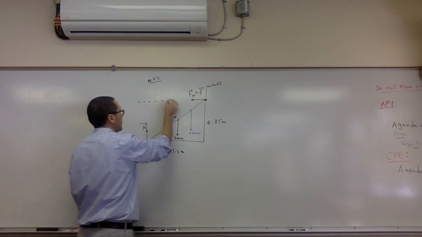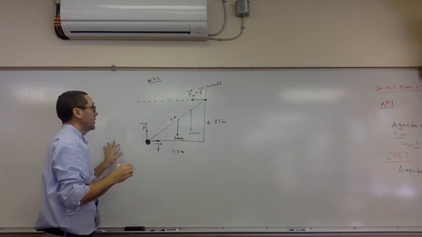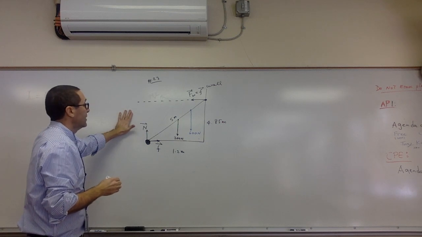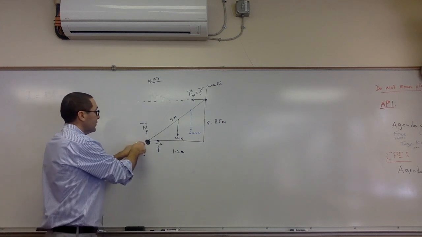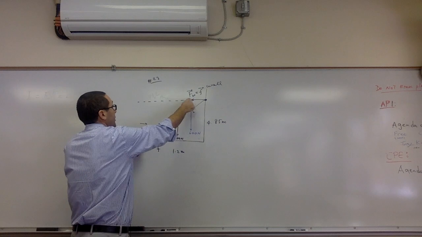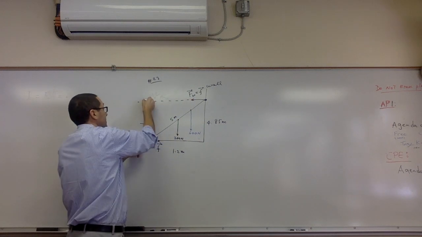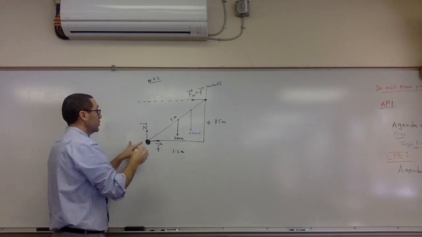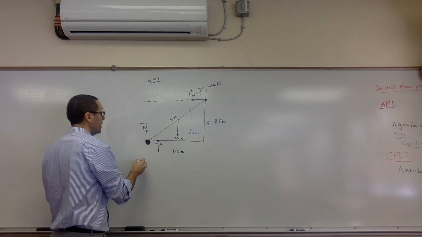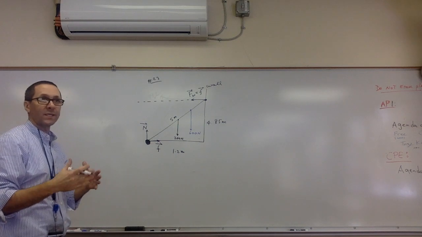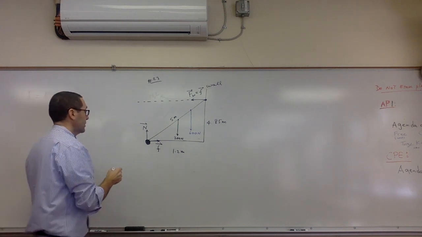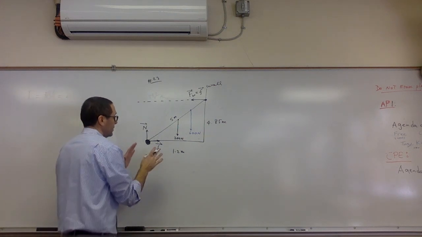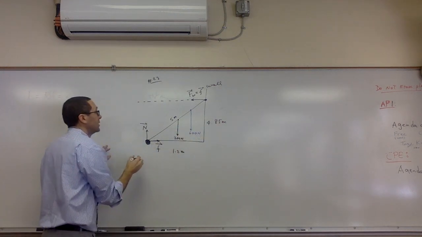If you recall in one of the videos, I said, well, you can find the torque by finding the distance between the axis of rotation and the line of the force. So in other words, finding this distance here, right?